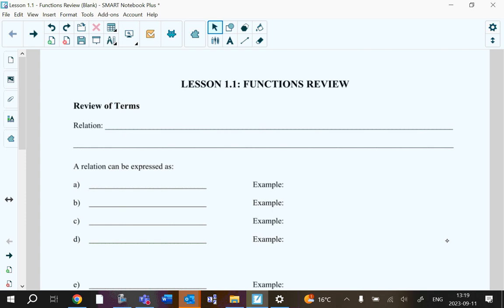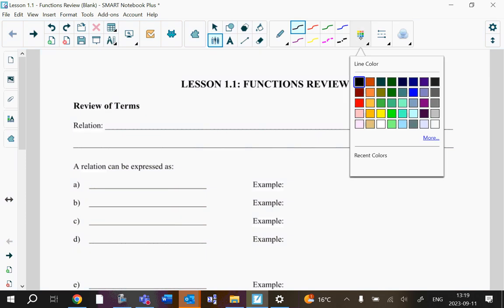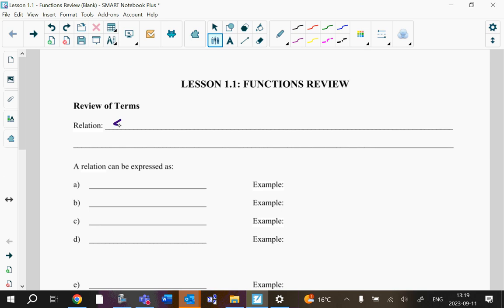A relation is just simply some rule that associates one set of information with another.